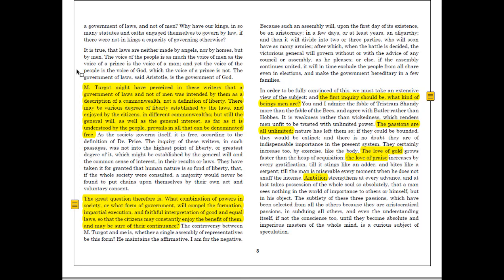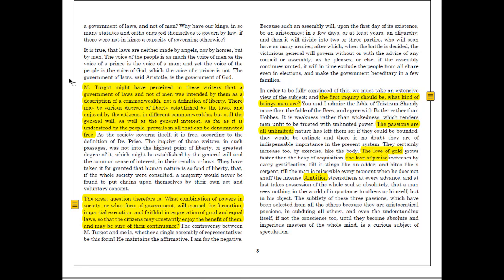It is true that laws are neither made by angels nor by horses, but by men. The voice of the people is as much the voice of men as the voice of a prince is the voice of a man. And yet the voice of the people is the voice of God, which the voice of a prince is not. The government of laws, says Aristotle, is the government of God.